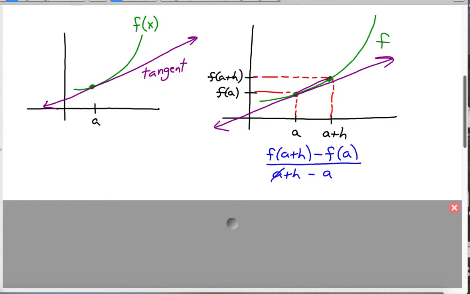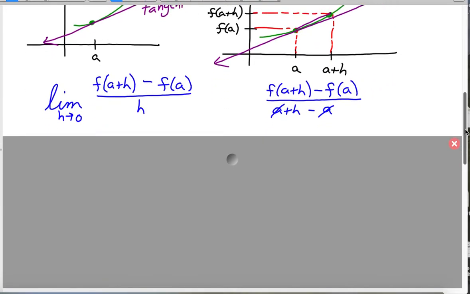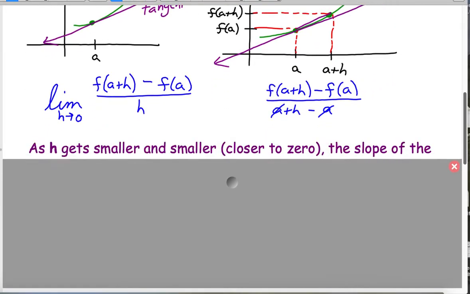And as you can see, the a's will cancel in the denominator. And so if I take the limit as h approaches 0 of that slope calculation, that is actually going to equal the slope of the tangent line. And so that's the basic idea behind the instantaneous rate of change.